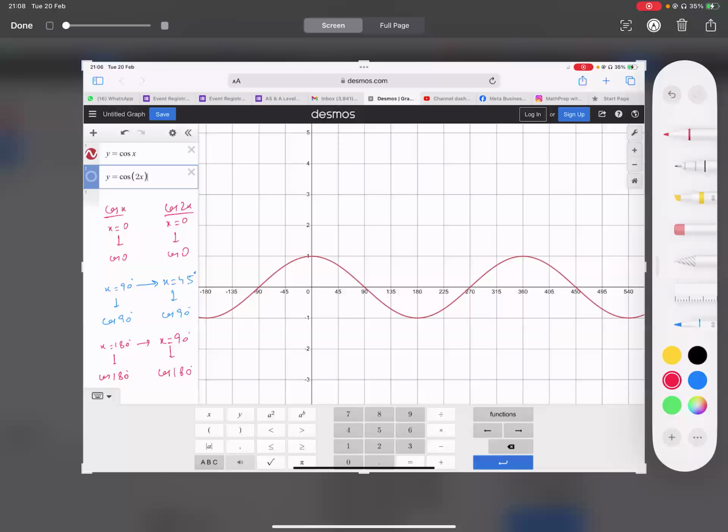So this original point, the one that was at 0, remains where it was. This does not change, because 0 over 2 is still 0. However, the point at 90, where is that going to go? That's going to go to 45.